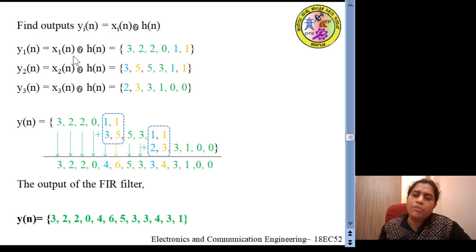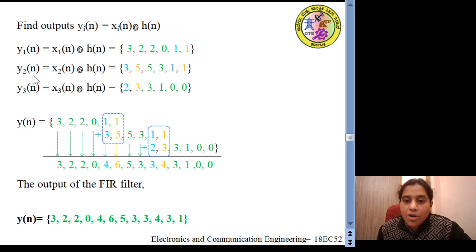We generate x1 of n as a square matrix and multiply it directly with the column matrix h of n. We obtain the samples of the first output block. So y1 of n has 3 2 2 0 1 and 1.